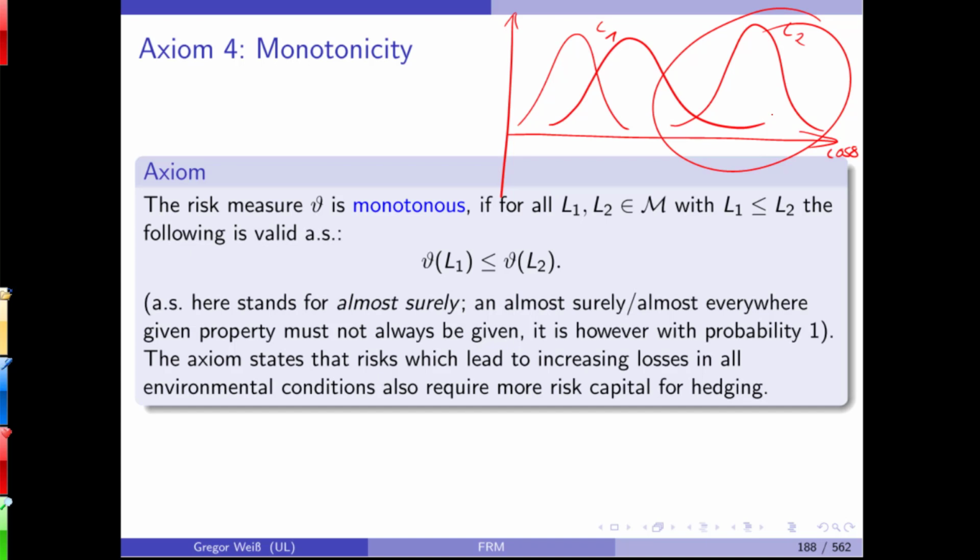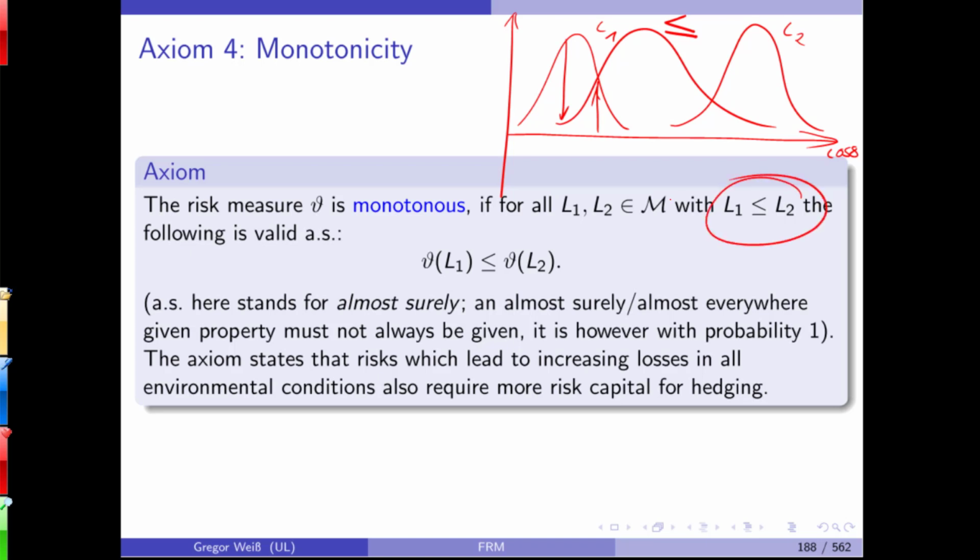And this is obviously a case where you can say, yes, L1 is definitely smaller or equal in any circumstance, in any situation than L2. This, no. Yeah, we have some points where L1 is smaller, but then it's different. So you need this to hold here, almost surely. And then, only then, you can say that the risk metric should also reflect this.